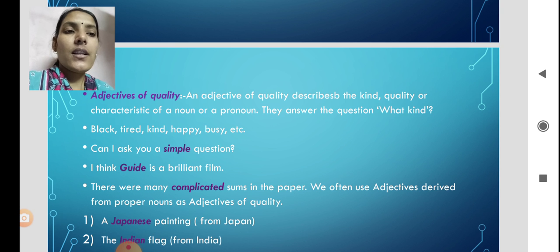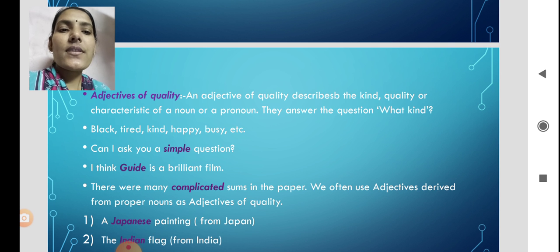They answer the question what kind? Black, tired, kind, happy, busy, etc. Here are some examples.